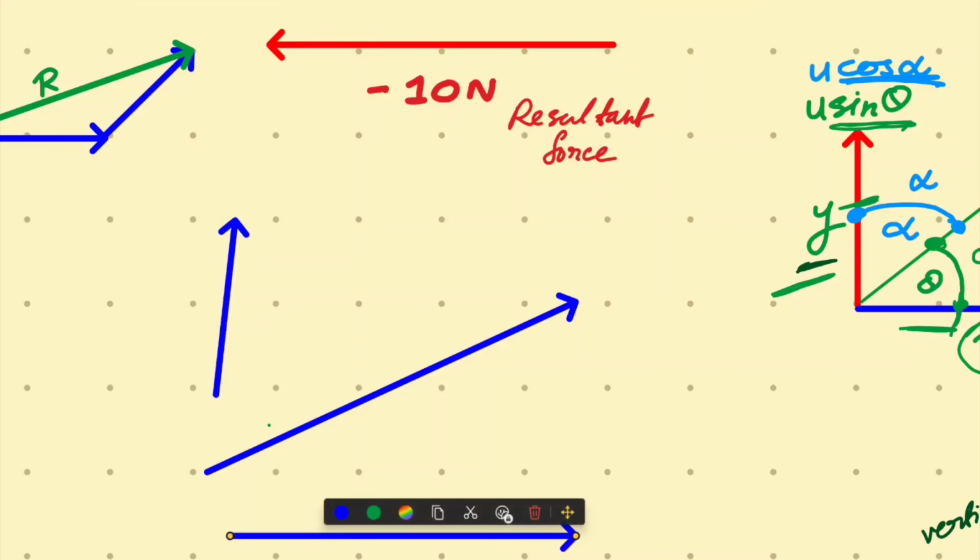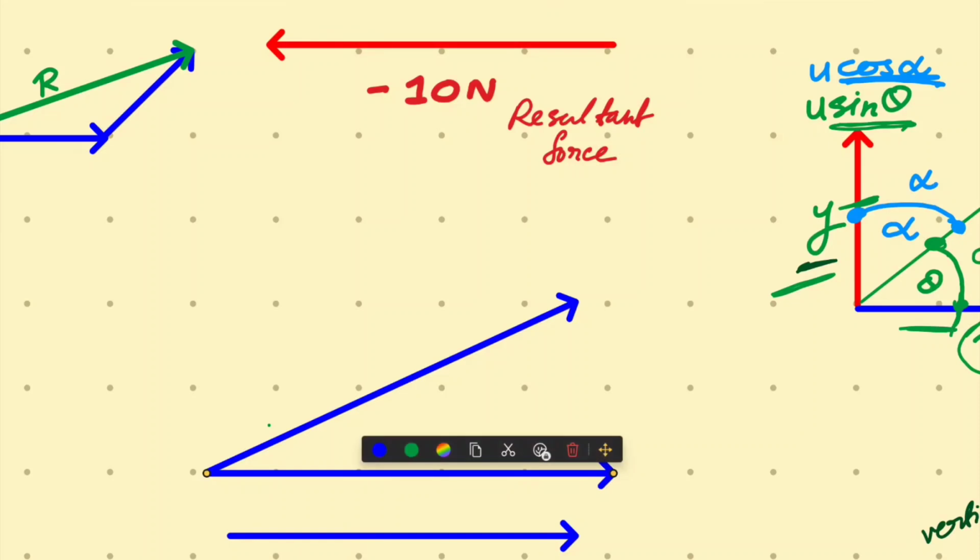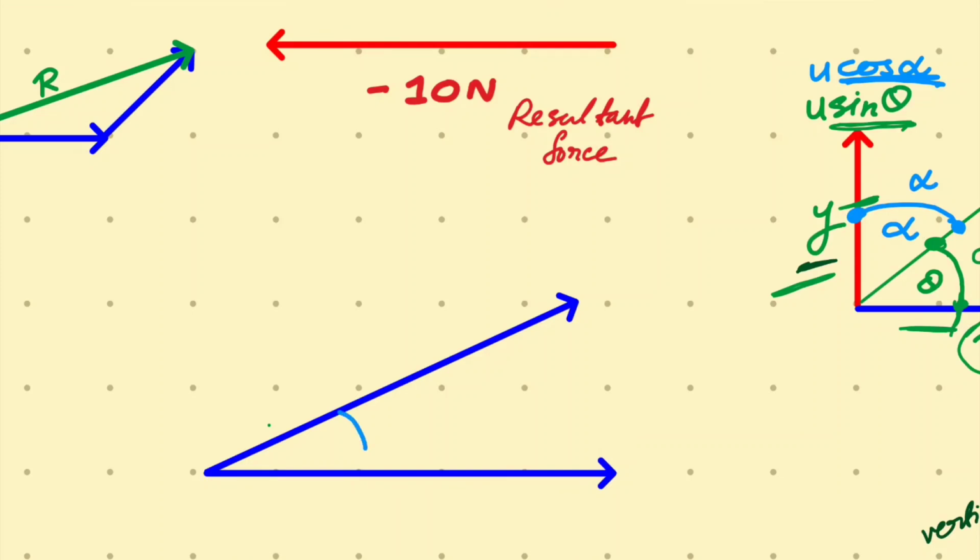As you can see, I haven't connected the lines, just for the example. So if this is at an angle with the horizontal, then I can say that the angle is theta.